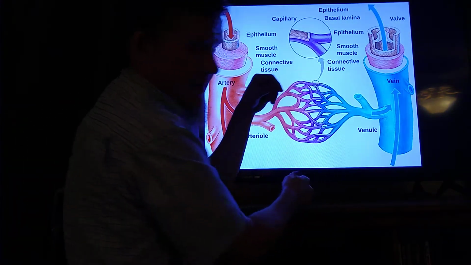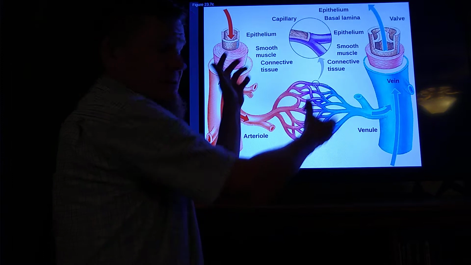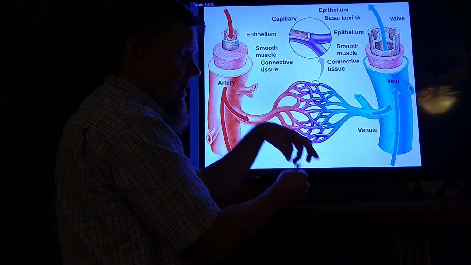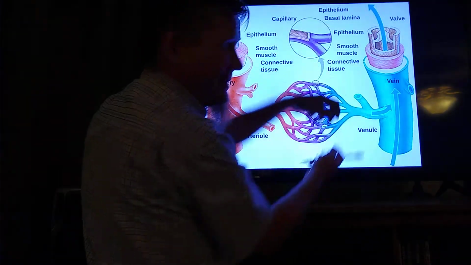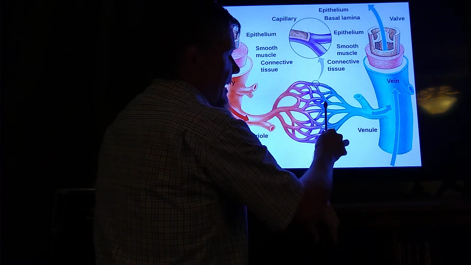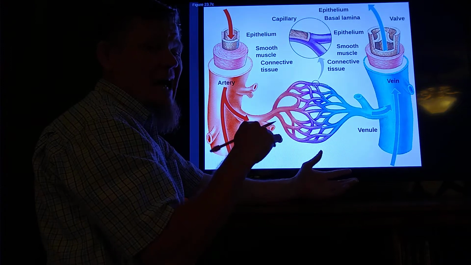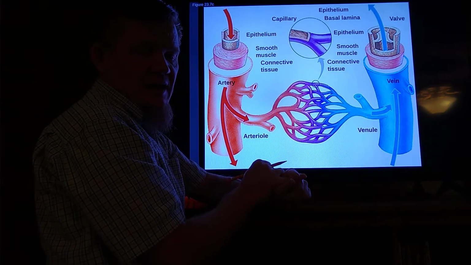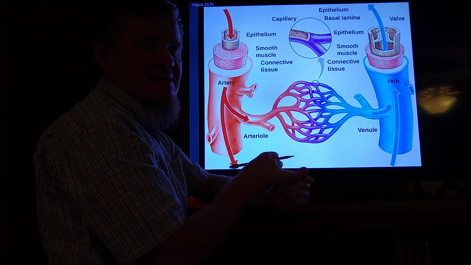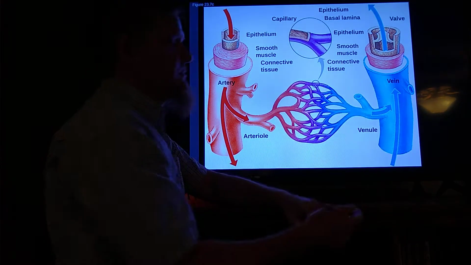On the vein side, most of the fluid that came out is going to make it back in. All of that fluid goes back in, kind of rehydrates the blood, and now it's used blood. It's had all the good stuff taken out, plus it's had trash put into it. Trash like carbon dioxide, trash like metabolic wastes, trash like trash.